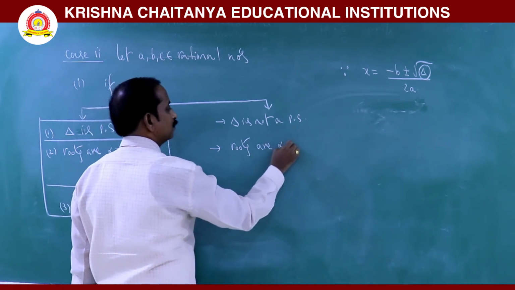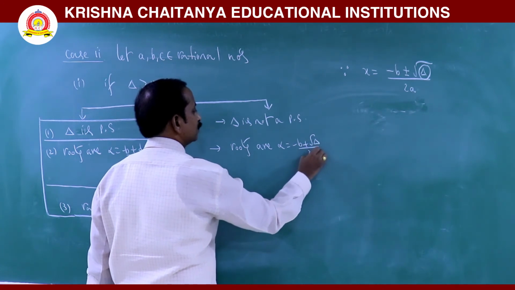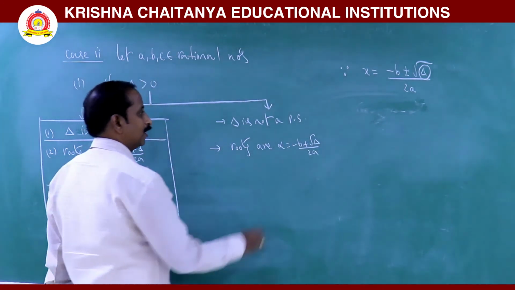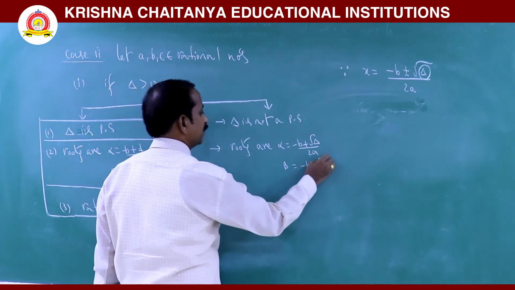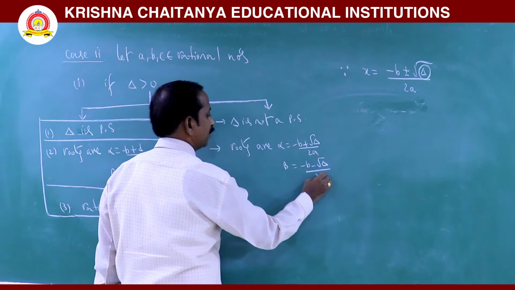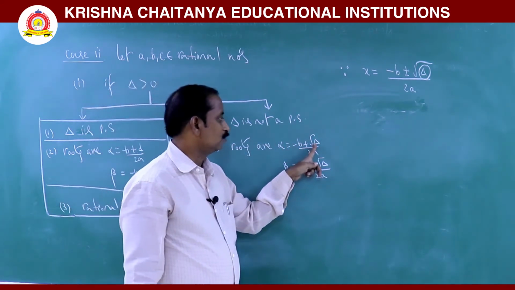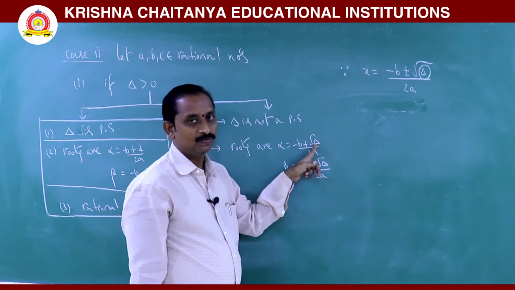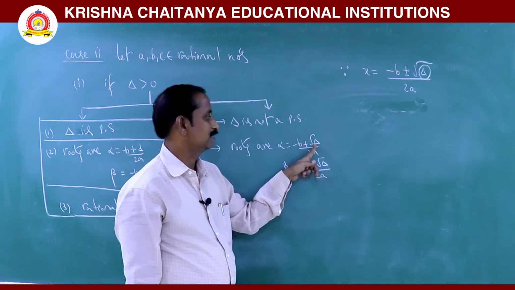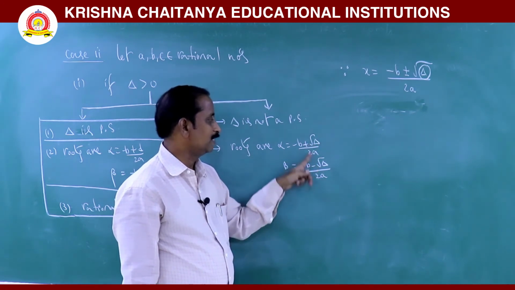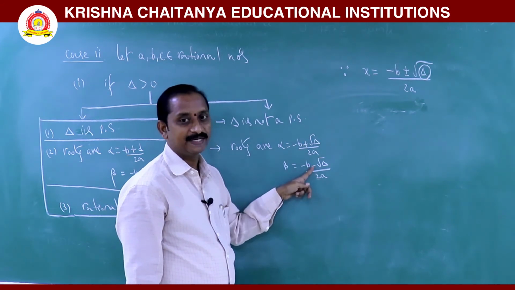Alpha is equal to minus b plus root delta by 2a. That is one root. Another root, beta, is equal to minus b minus root delta divided by 2a. So indirectly, root of 2, root of 3, root of 5 are irrational numbers. So here there are two irrational numbers and indirectly they are conjugate.